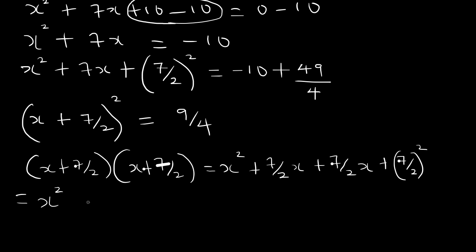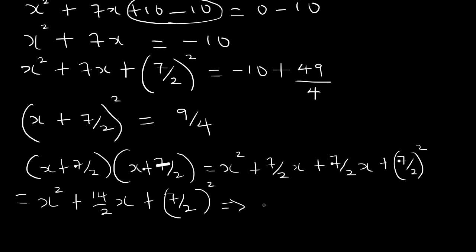Now 7 over 2x plus 7 over 2x. Since the denominators are the same, we'll sum the numerators. There we'll have 14 over 2x. Then the constant term there is 7 over 2 all squared.